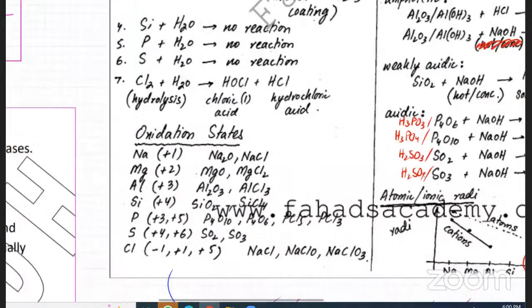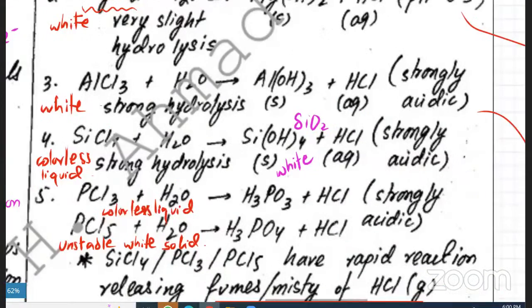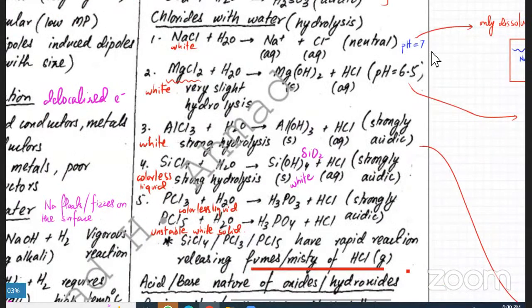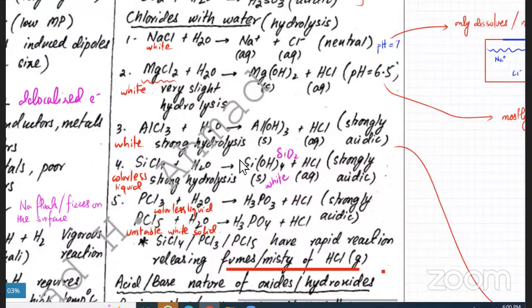Okay, these are the reactions. Just going through the chlorides once more very quickly. SiCl4 reacts to form Si(OH)4, SiO2 plus HCl, which is a solid white precipitate, and PCl3, PCl5 have strong hydrolysis as well.